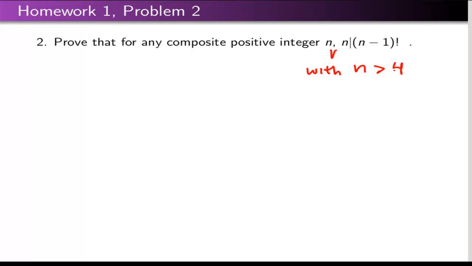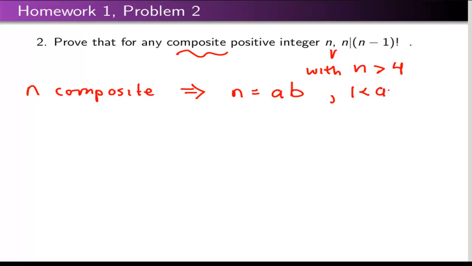Okay, so we're trying to prove that n is a divisor of (n minus 1) factorial if n is composite. So n is some composite number. What does that mean? That means n is a product of two numbers, a and b, both of which are strictly less than n.